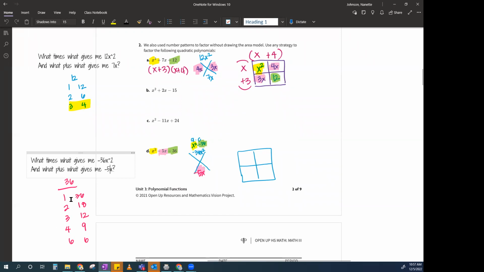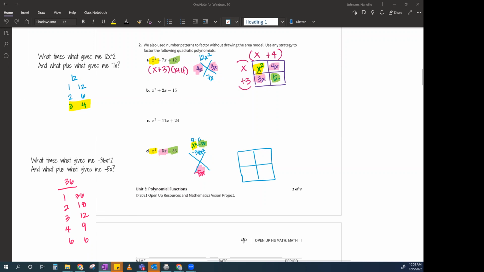If I just start counting, 1, 2, 3, 4, not 5, 6, right? And then if I say 6, that just pushes me over to the other side. Okay, so the question now is, which one of these pairs is my winner, chicken dinner, that would multiply to give me negative 36x squared, but at the same time add to give me negative 5x?